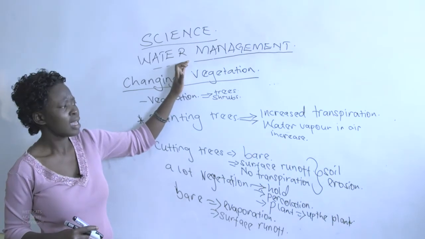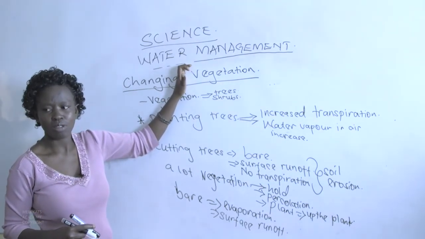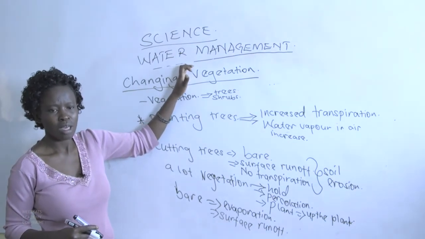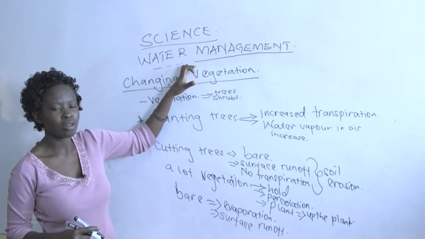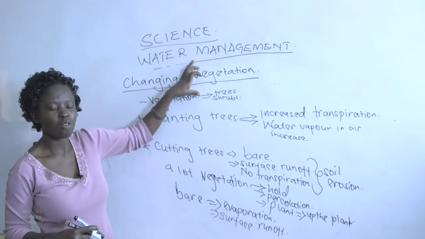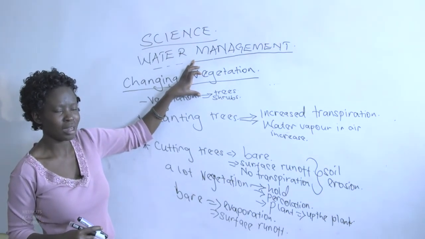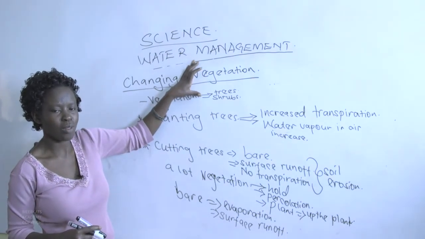So what are we saying? We are all in need of water as a resource. Being that we need this water as a resource, what does it require us to do? We are required to take very good care of it so that it is not depleted and we do not end up without enough water on the earth's surface.